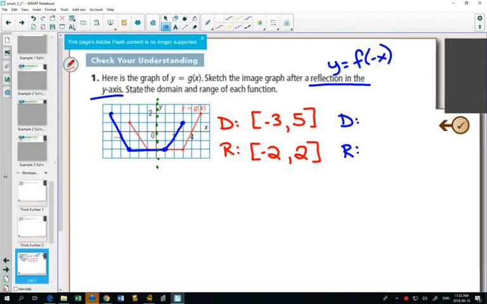Now we did a transformation. We did y equals f of negative x. And if we look at our graph to find the domain, now my domain goes from the smallest value of -5 to the biggest value of +3. And my range, smallest value of -2, biggest value of 2.